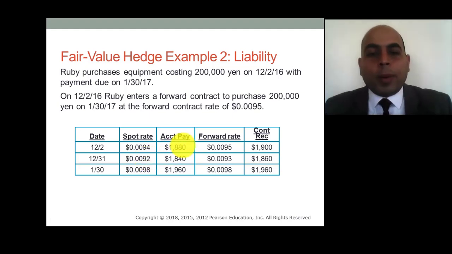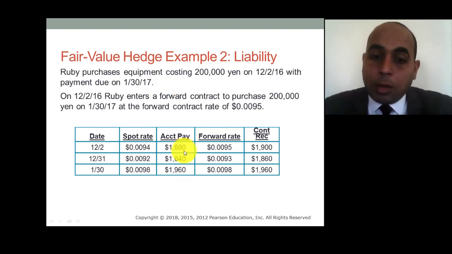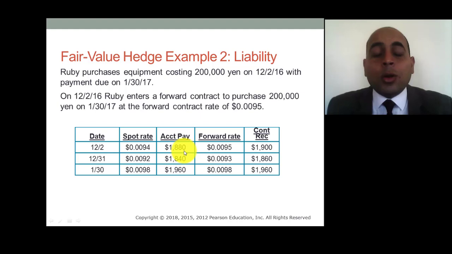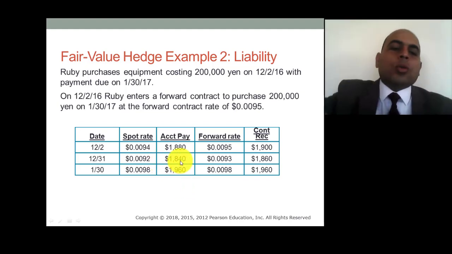Here, I owe 1,880. But the value of this amount I owe has declined to 1,840. Suppose I am going to pay the amount I owe on the date of preparing the financial statement. I will pay 200,000 yen.